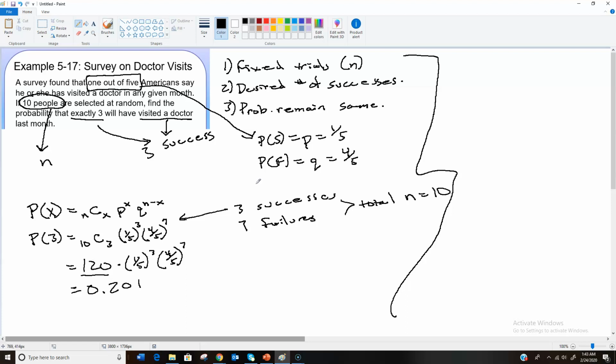That's what this 120 represents. So we would have to compute what if the first person visited a doctor, the second person visited a doctor, the third person visited a doctor, and then nobody else did. So what is that? 6, 7, 8, 9, 10.